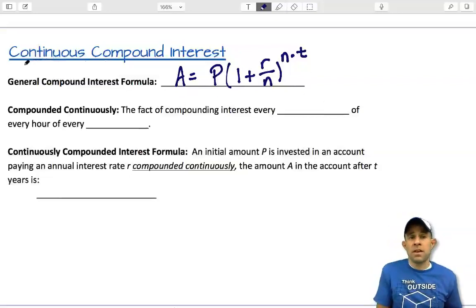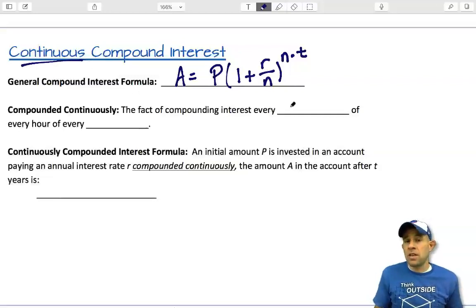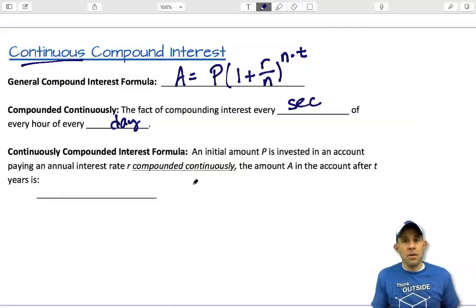Today we're going to talk about continuous compounding, which is compounding interest every second of every hour of every day of the year. That sounds like a lot of money, but it actually works out to this nifty little formula.